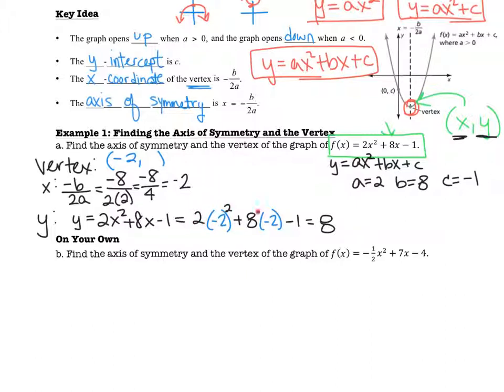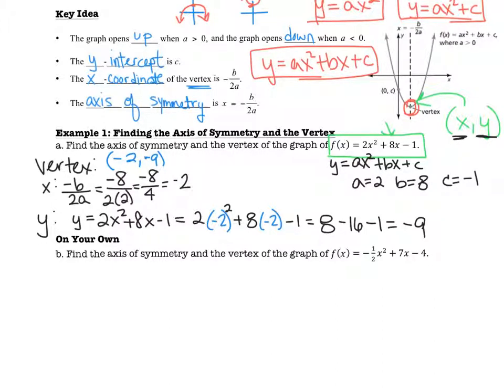And then 8 times negative 2 is negative 16 minus 1. So when we subtract these, 8 minus 16 is negative 8 minus 1, negative 9. So that is the y-coordinate of your vertex. The vertex of this function would be at negative 2, negative 9.